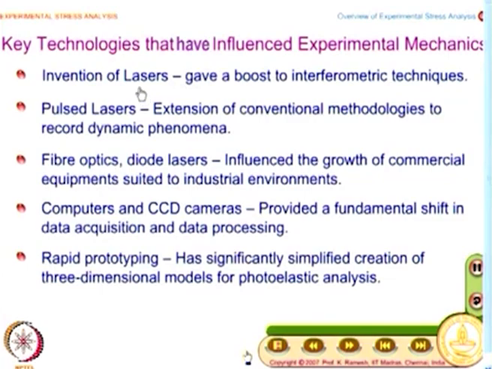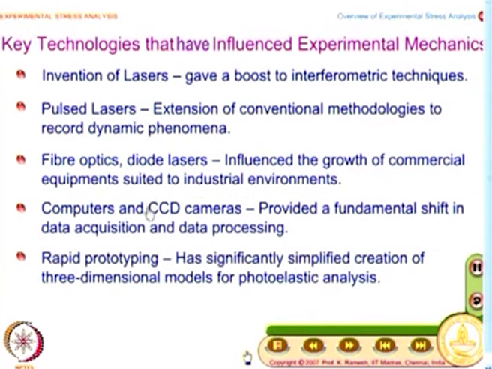We saw that the invention of lasers gave a boost to interferometric techniques, then pulse lasers extended conventional methods to dynamic phenomena, and not only pulse lasers, there are also other methods by which people could record dynamic phenomena. You had the Cranz-Schardin camera, particularly for stress wave propagation, and we also saw that the use of fiber optics and diode lasers helped people develop equipment to suit industrial environments.